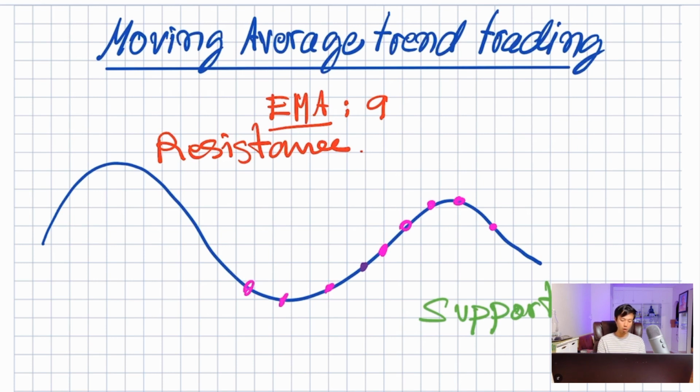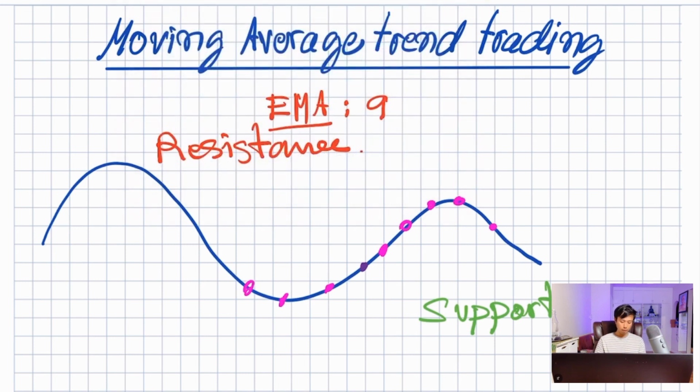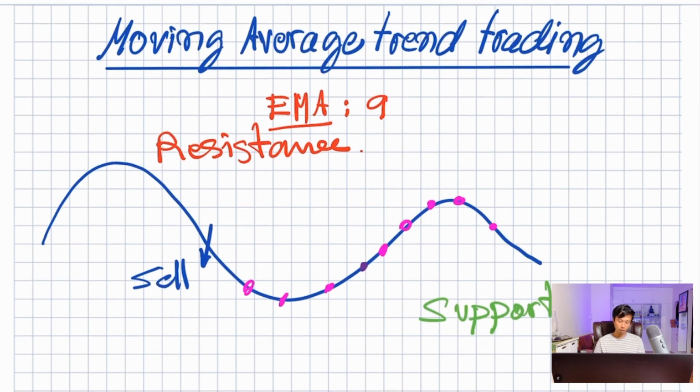If the price crosses down, it means it breaks support. So when it breaks support, this is where we go on sell. And if the price breaks resistance high, this is where we go on buy.